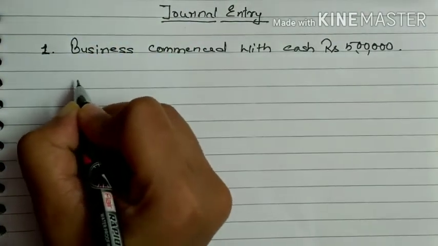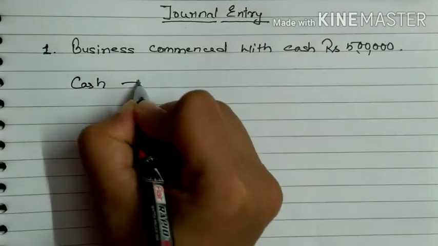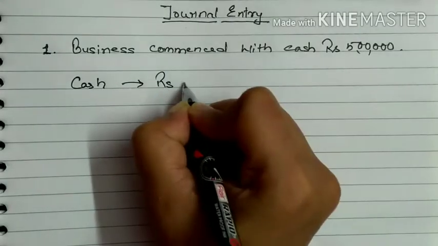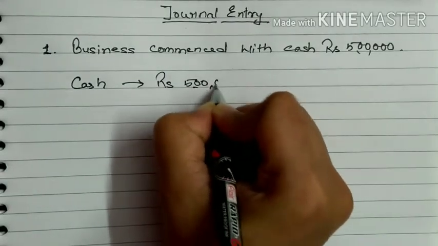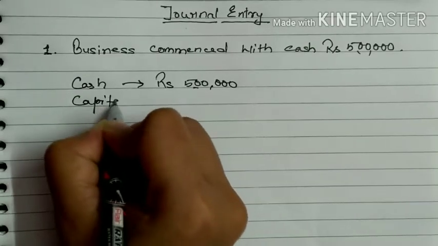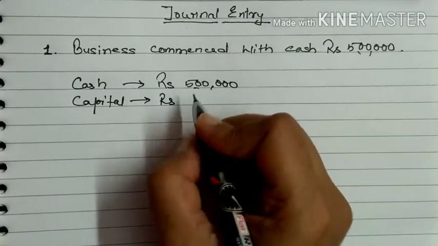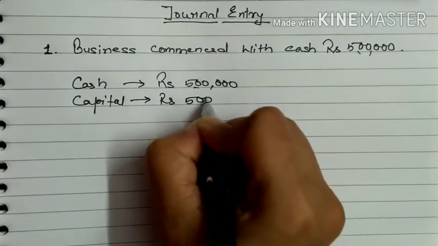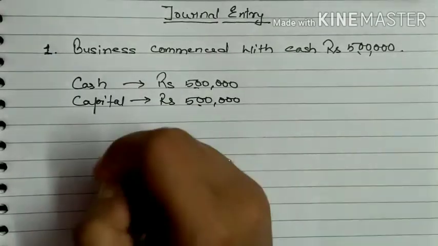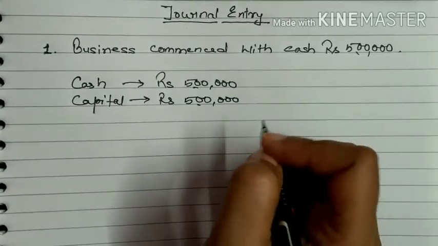First one is cash, that is of rupees 5 lakh, and capital, which is also, if I am starting some business then obviously it will be my capital. Okay, capital rupees 5 lakh.